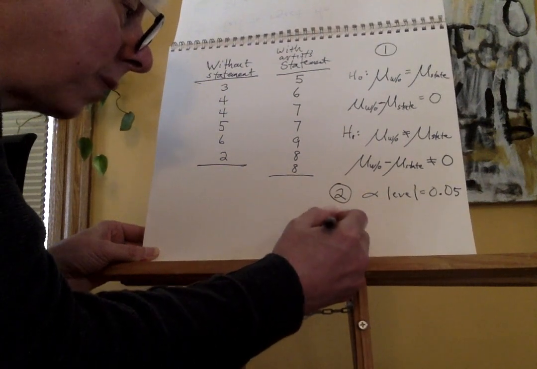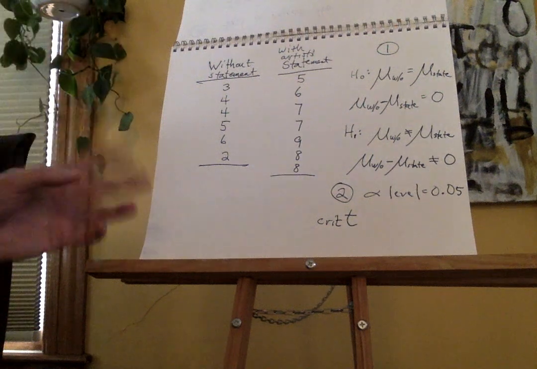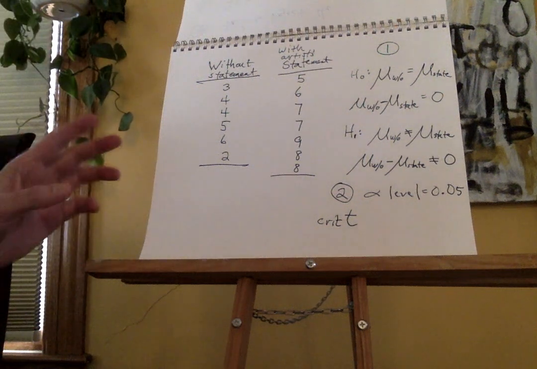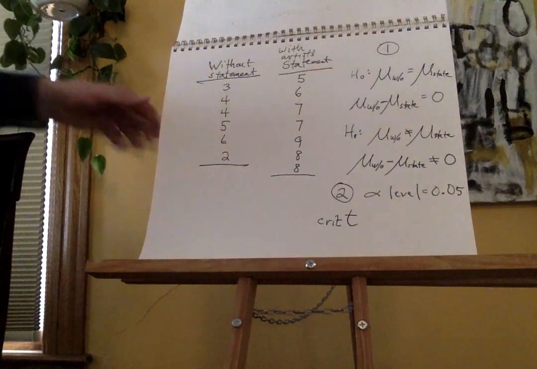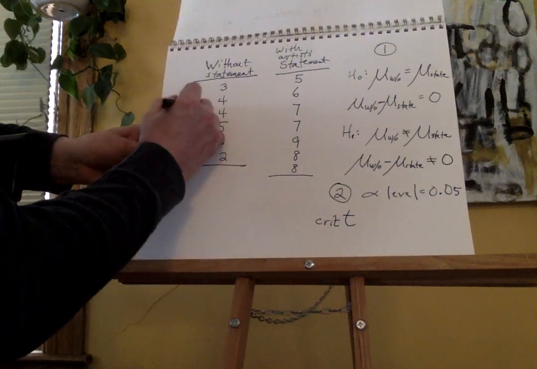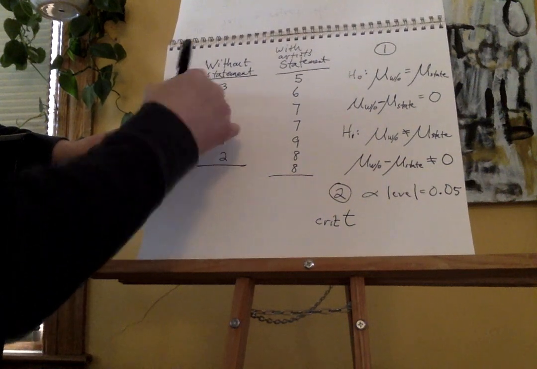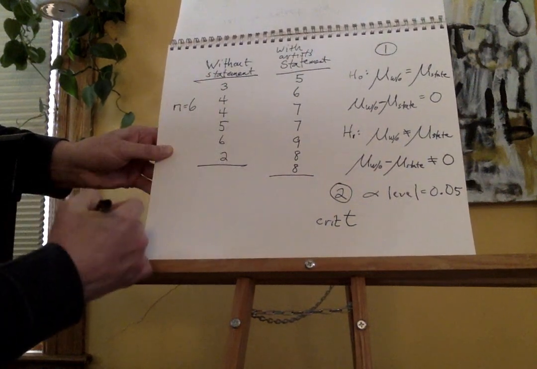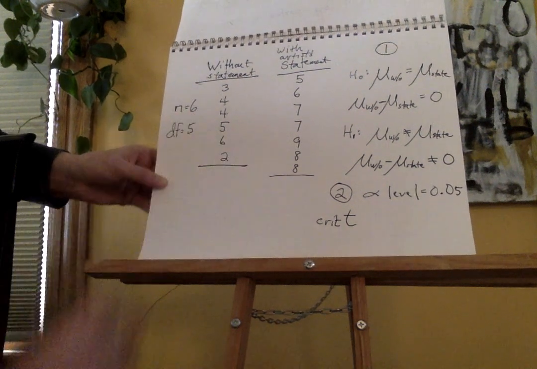So I want to say, what is the critical T value? Now I'm going to ask you, what are the degrees of freedom that we have here for this experiment? Well, N is 1, 2, 3, 4, 5, 6. N is 6. Degrees of freedom then here is 5.